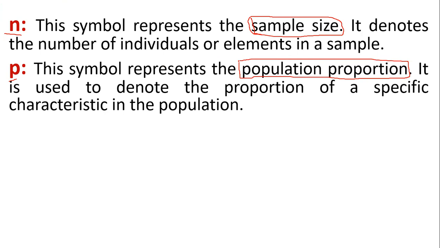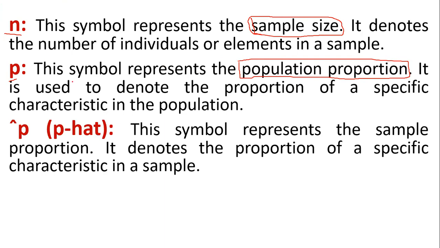And when you use p hat, a p with a hat written on top of it, this is a symbol representing the sample proportion. This one denotes the proportion of the specific characteristic in a sample.